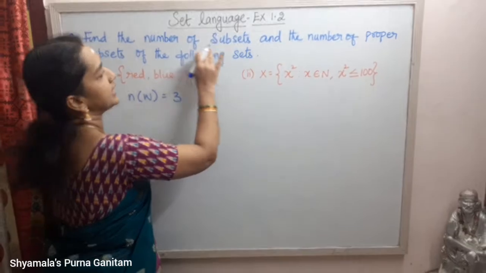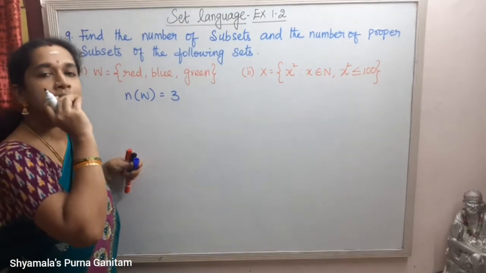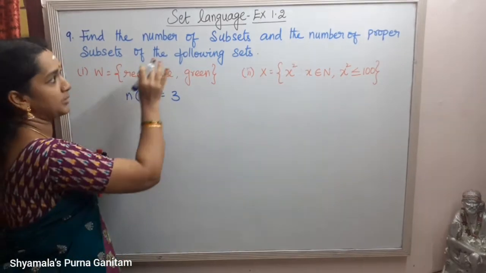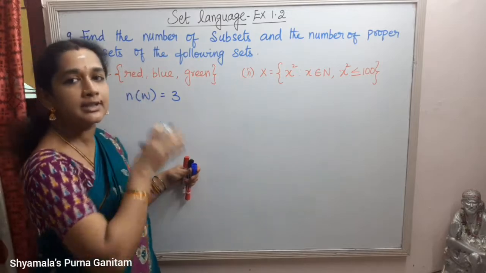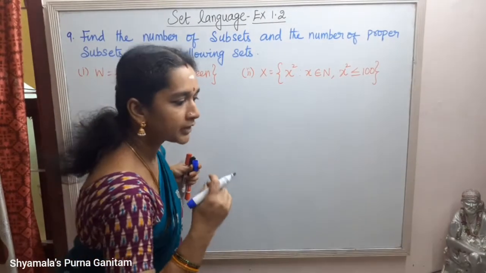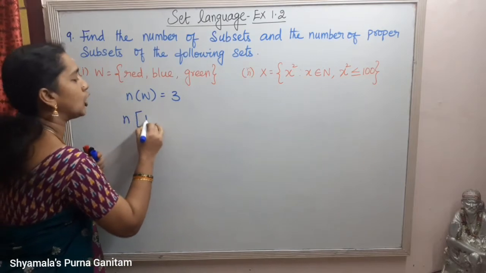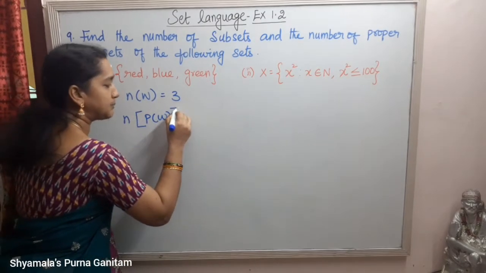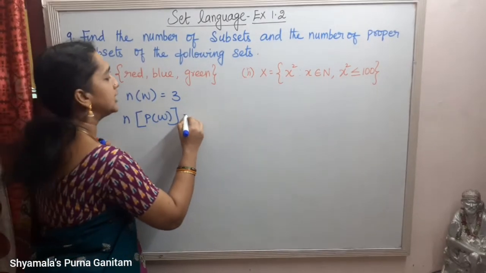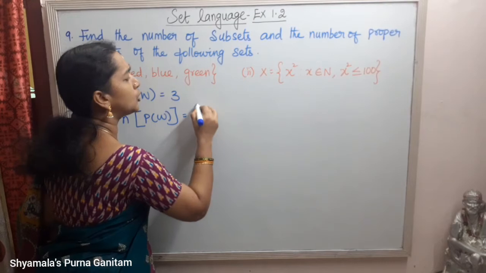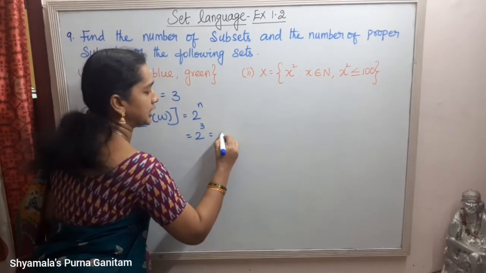Okay, find the number of subsets and the number of proper subsets. So, number of subsets, how will you find? The number of subsets for this given set will be n of P of W. This P of W is the power set, the set of subsets. n of P of W is equal to 2 power n, that is equal to 2 power 3, that is equal to 8.